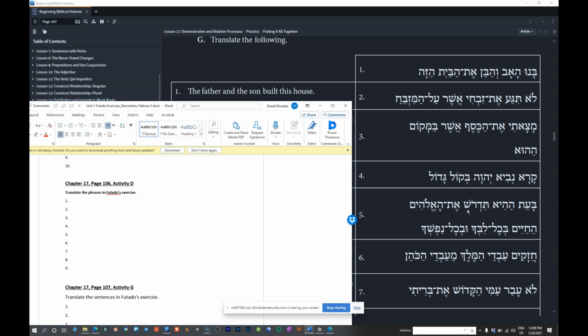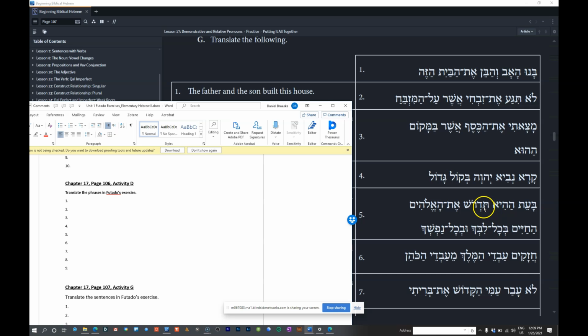Have we learned any verbs that have tav as a prefix? Well, yeah. In the imperfect, which is the prefix conjugation, tav is a prefix for all kinds of verbs. This is the prefix for the 3fs form of the cal imperfect, the 2ms form of the imperfect. It's the prefix for the 2fs, but that one also has a hireq yod at the end.